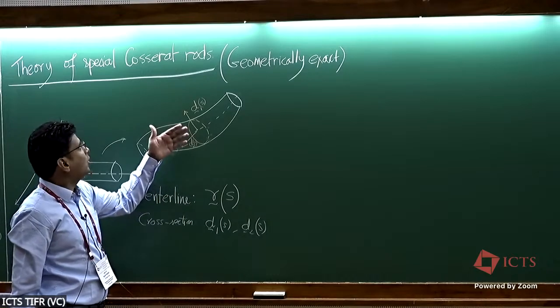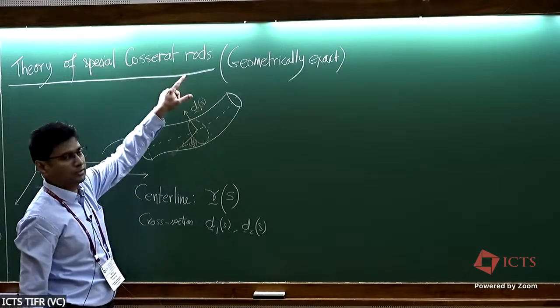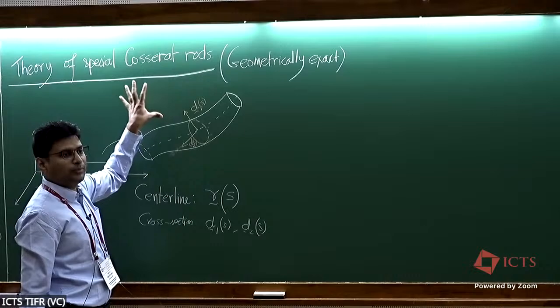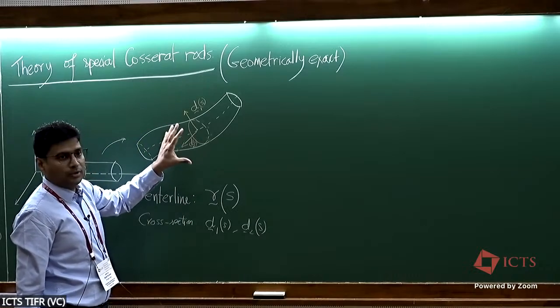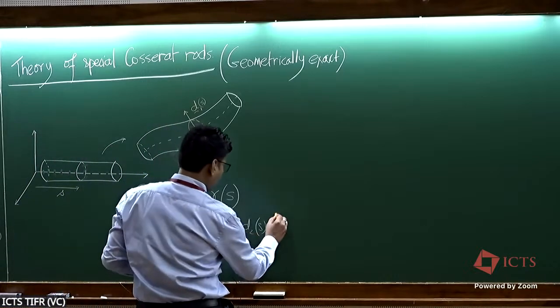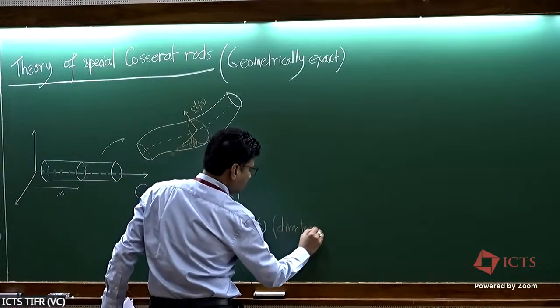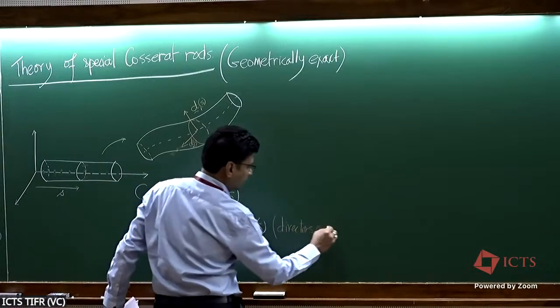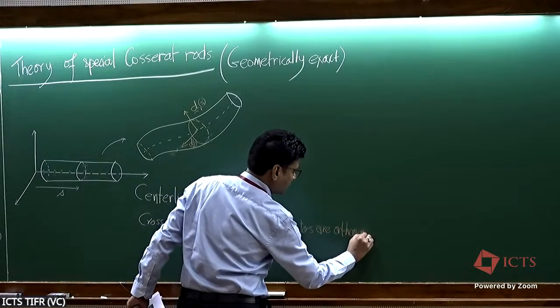That theory is called, instead of special, general Cosserat rods. This is called special because the directors are unit normed and orthonormal. Otherwise, it becomes a general Cosserat rod theory.